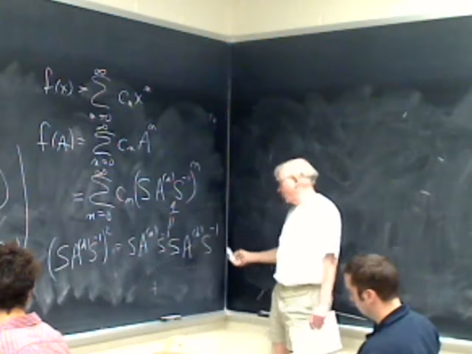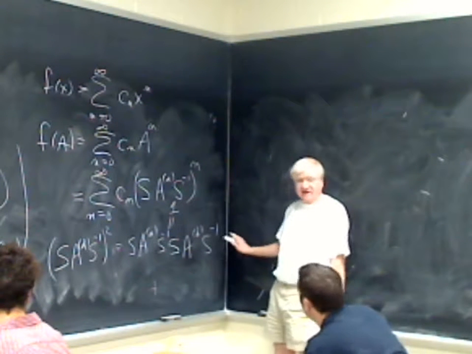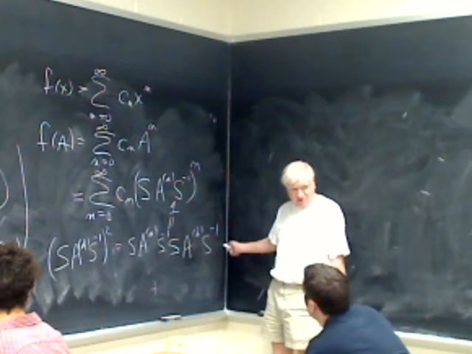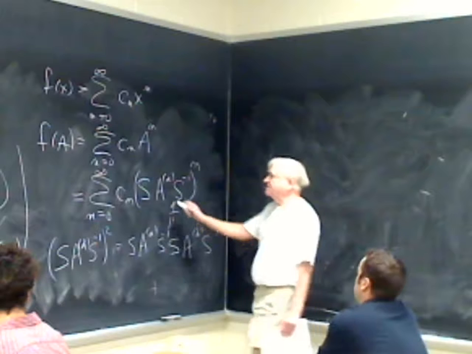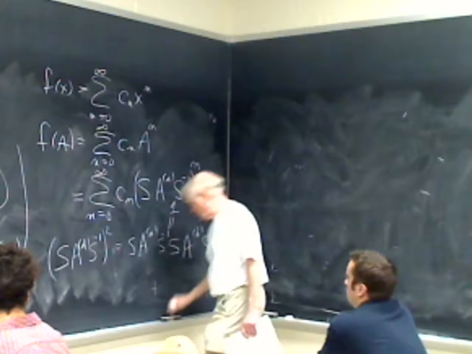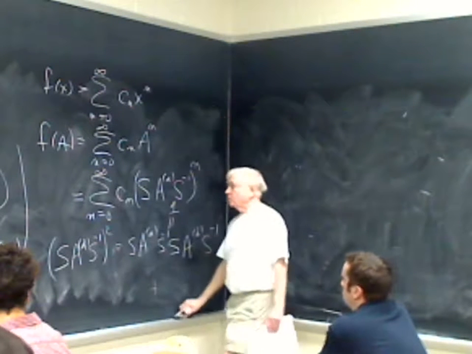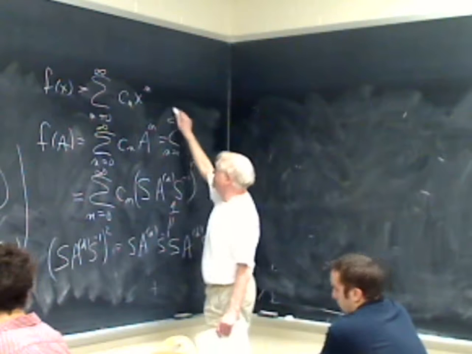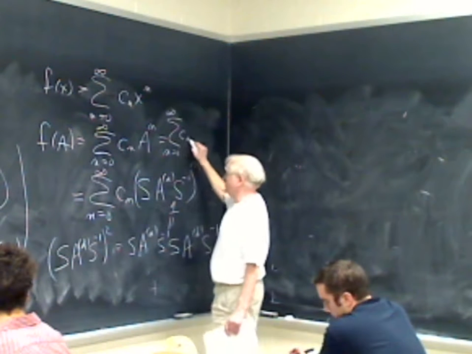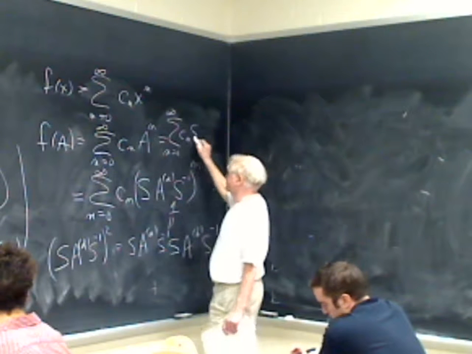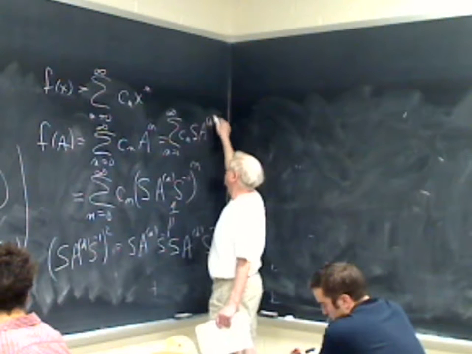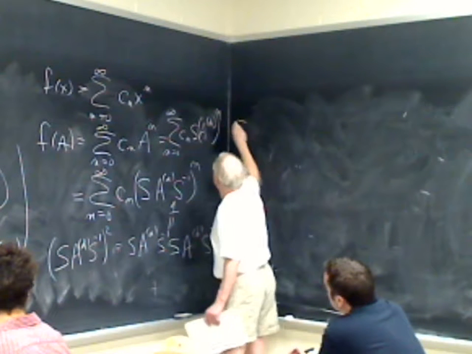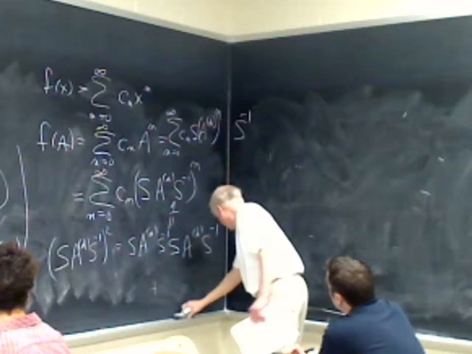And you can imagine putting a third S A diagonal S inverse here, then S inverse S would drop out. The result is that this thing is now equal to the sum n equals 0 to infinity c sub n S A diagonal to the n S inverse.